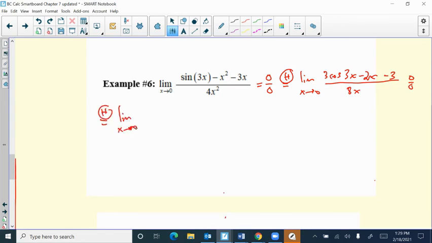So limit as x approaches 0. Now the new derivative would be negative 9 sine of 3x minus 2 all over 8. Now when I approach 0, I get 0 minus 2. So I get negative 2 over 8. So I get negative 1/4.